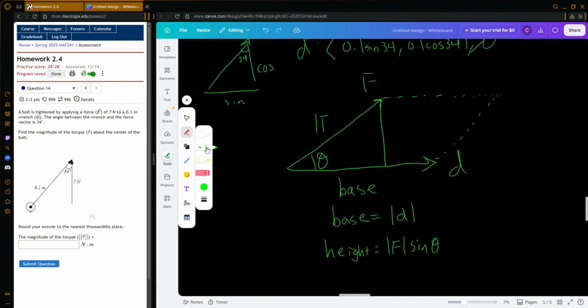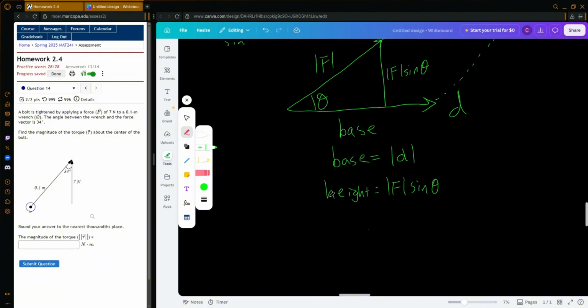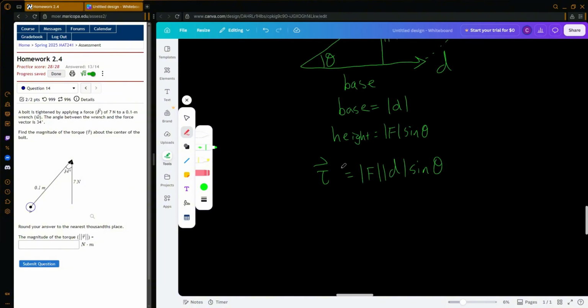If this is the magnitude of f, then this distance here is f sine of theta. So base times height is going to be f d sine of theta. This is the formula you'll see in physics for torque, which is equivalent to doing the cross product. It's giving us the area of this parallelogram. That's what it's doing. So that's torque.